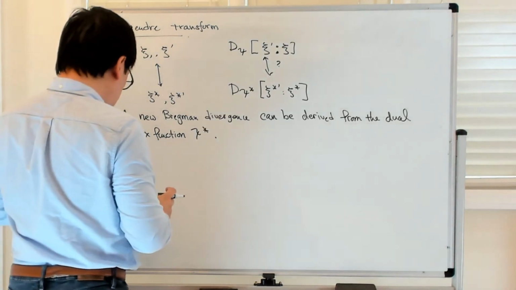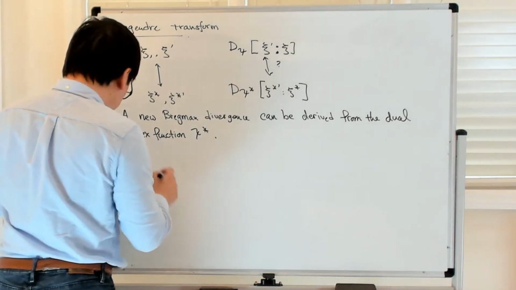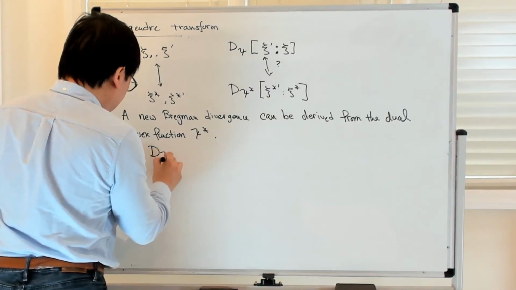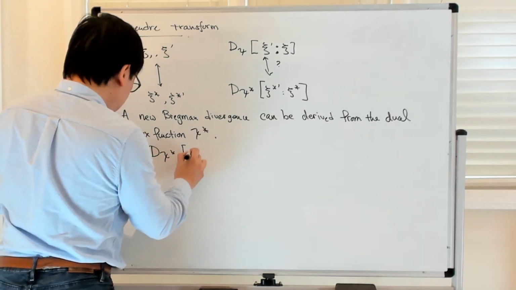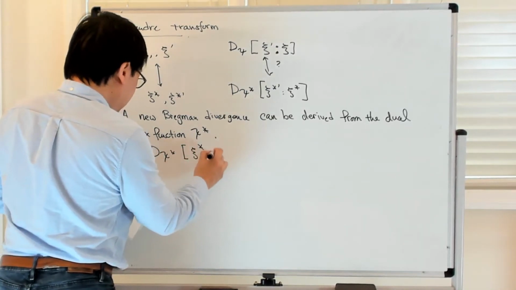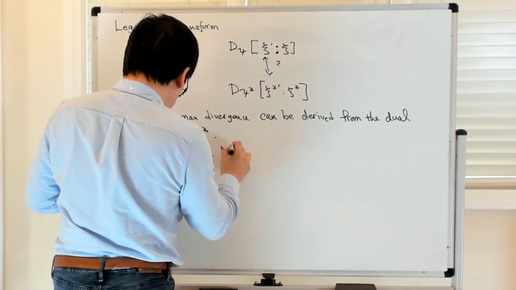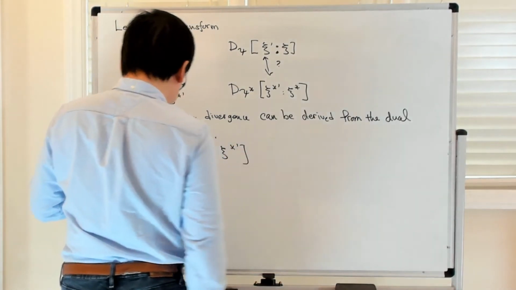So we have d psi star of cos C star to cos C star prime.